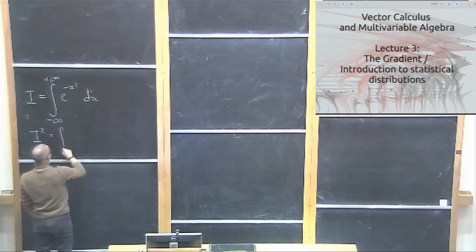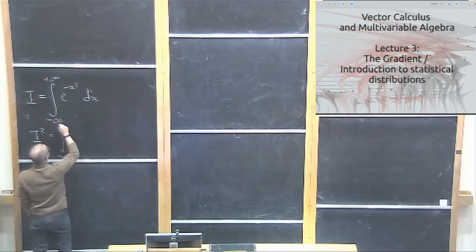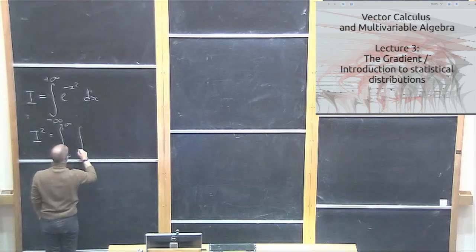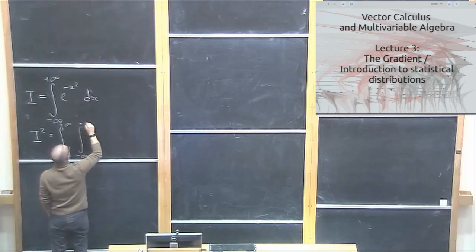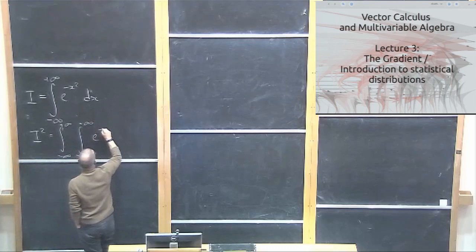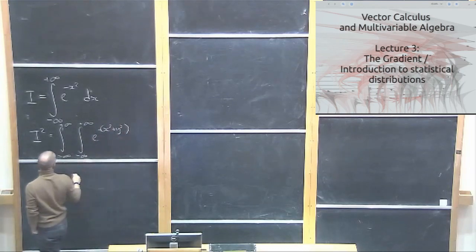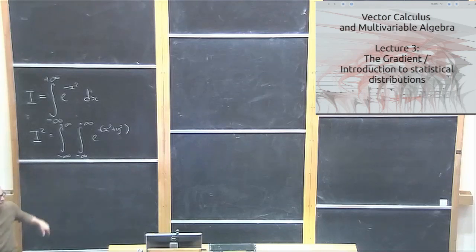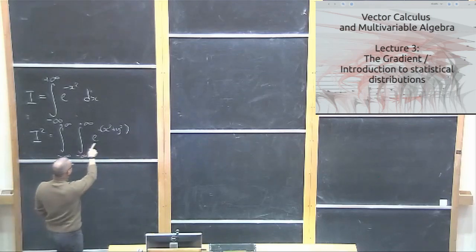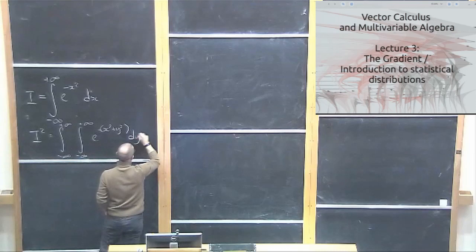So what I have now is I'm integrating between minus infinity and plus infinity, and minus infinity and plus infinity, e to the minus x squared plus y squared. I've just multiplied together e to the minus x squared and e to the minus y squared and combined them like this.